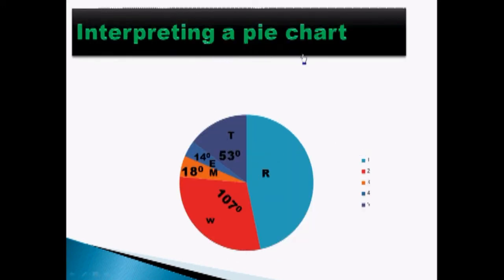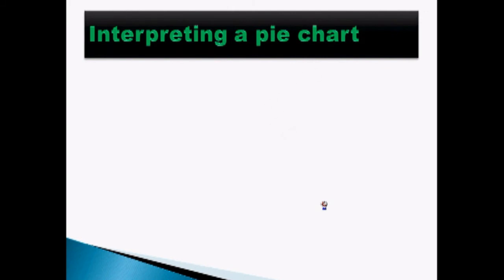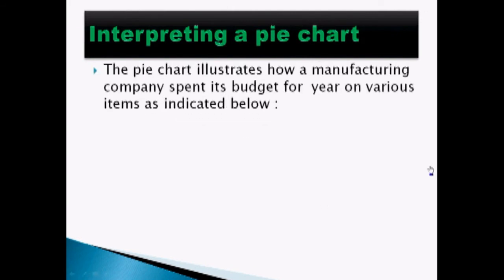Interpreting a pie chart. Now, here's R. We have W here, which is 107 degrees, M 18 degrees, E 14 degrees, and T 53 degrees. I'm going to ask you now to draw this pie chart for me. Okay.